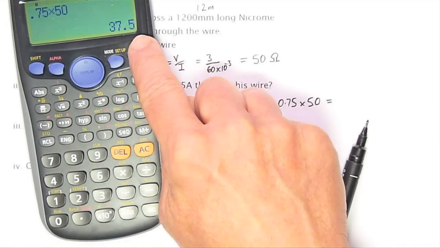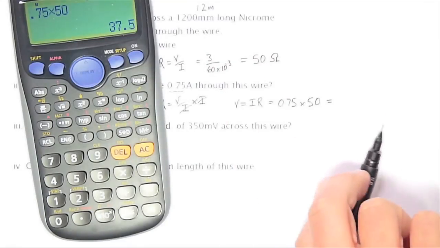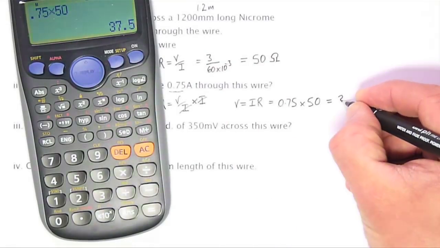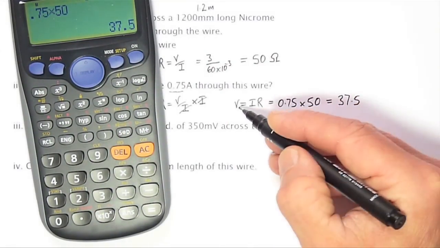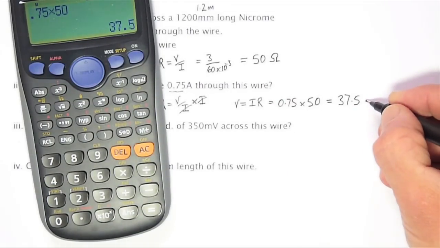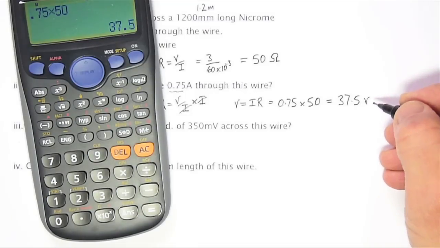And the answer is 37.5. We're calculating a voltage, so the units that we must put down are V for volts.